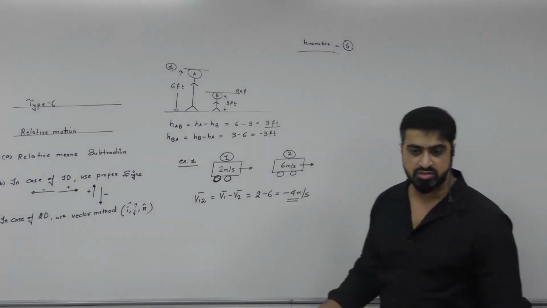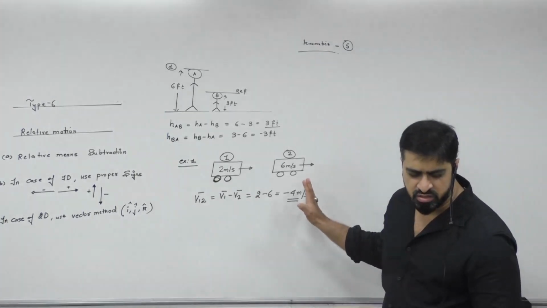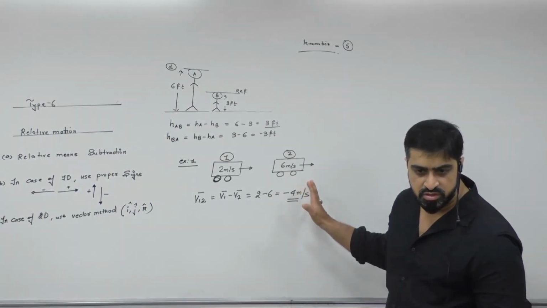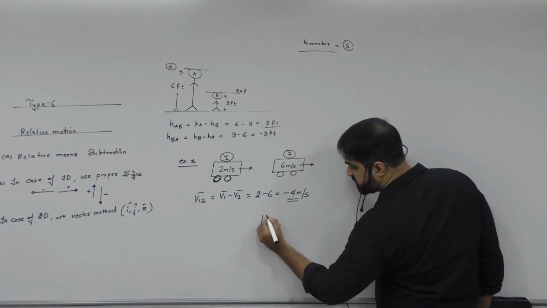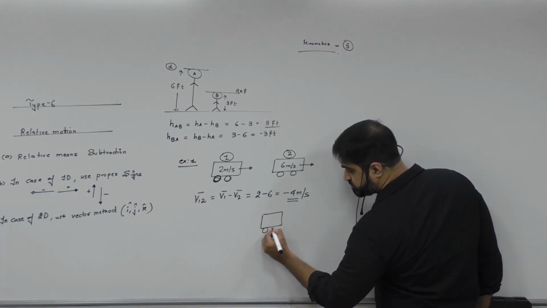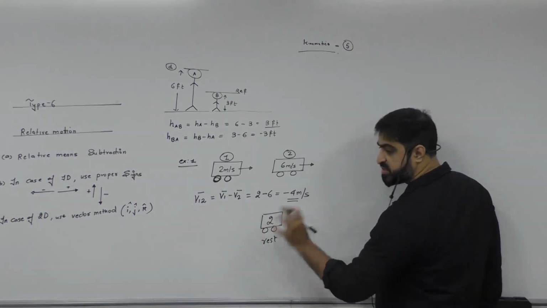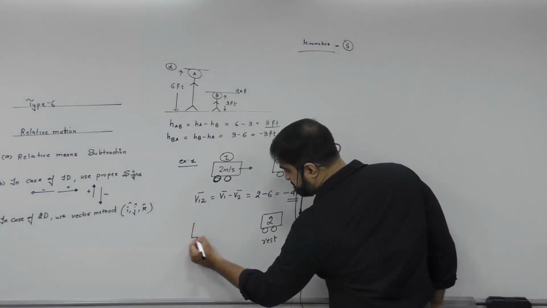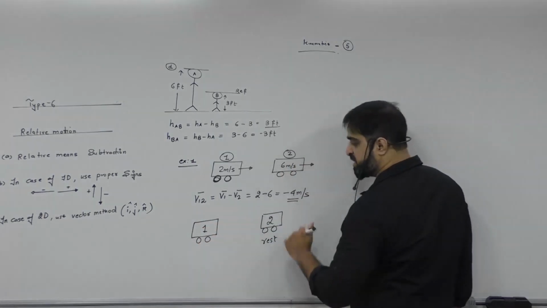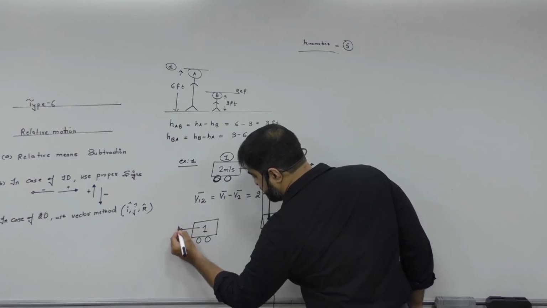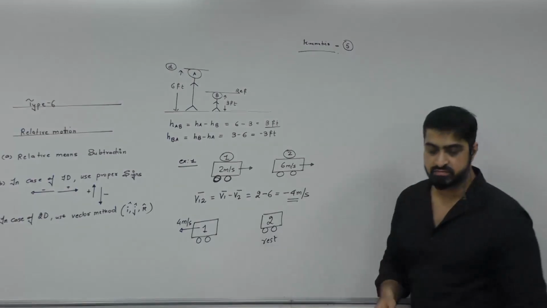What do you mean by this? Okay, it means, pay attention over here. It means that 2 is at rest. Car 2 is at rest. And car 1 is going with a speed of 4 meter per second according to him.